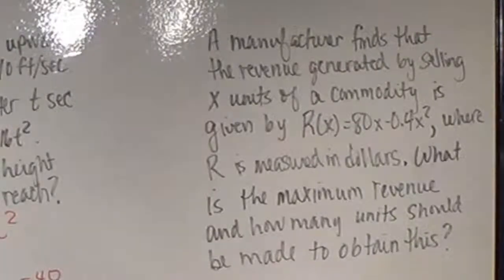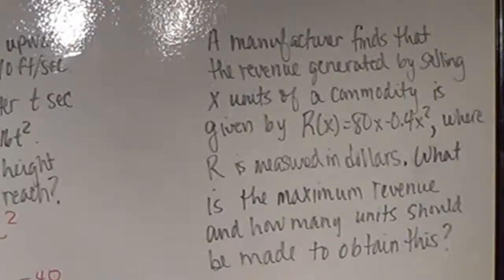In this next example, a manufacturer finds that the revenue generated by selling x units of a commodity is given by R of x equaling 80x minus 0.4x squared, where R is measured in dollars. We want to find the maximum revenue and the number of units that are required to be made to obtain this maximum revenue.